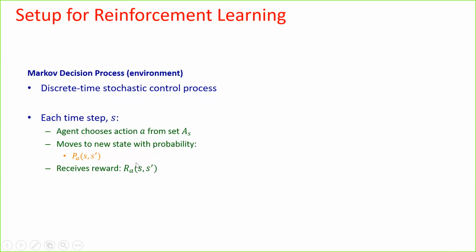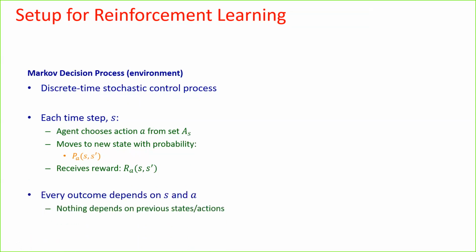We're not going to use this. This is the setup for generalized reinforcement learning, either model-based or model-free. Because we're going to look at only the model-free approaches, I will simplify the scenario, so don't worry if you don't understand a particular notation. Every outcome depends on the state and action pair. Nothing depends on the previous states or actions.